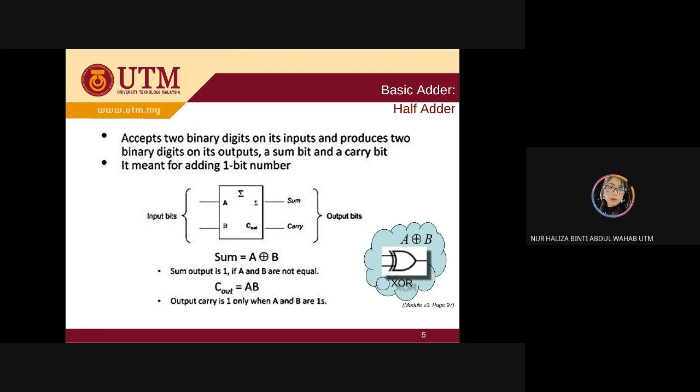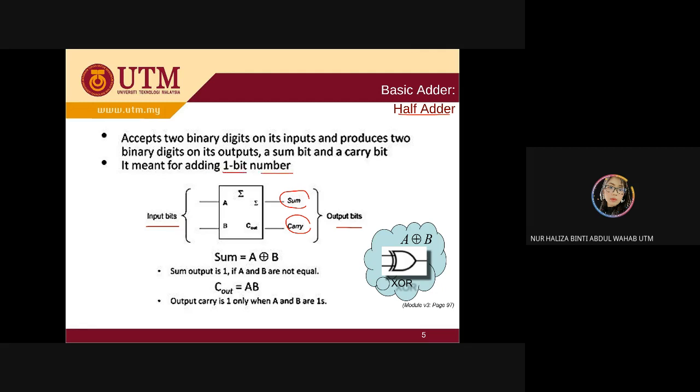Okay, so over here you can see that you have inputs and also output bits. There will be sum for output and also carry for the output. The number of inputs depends on how many you have, but basically the half adder is only adding one bit number.